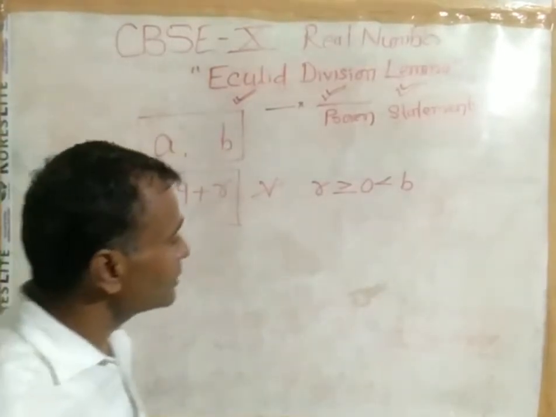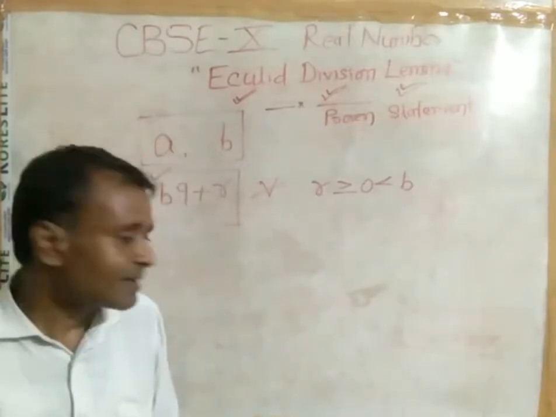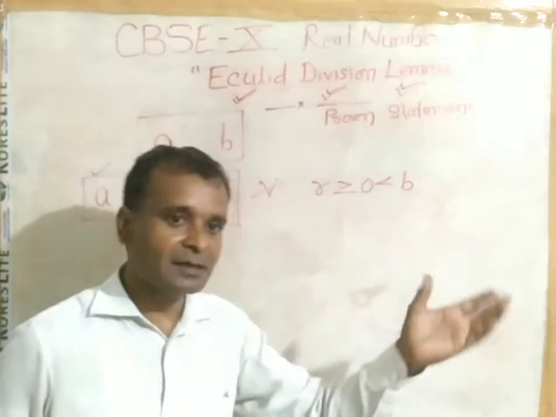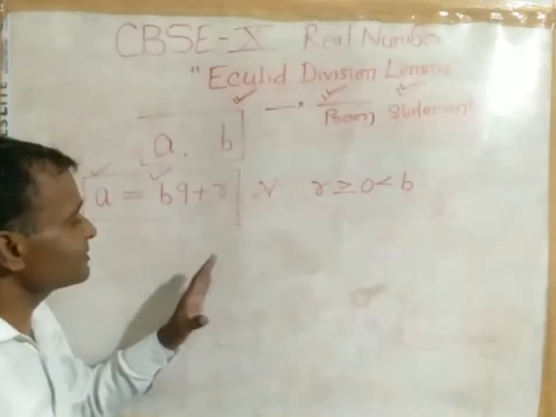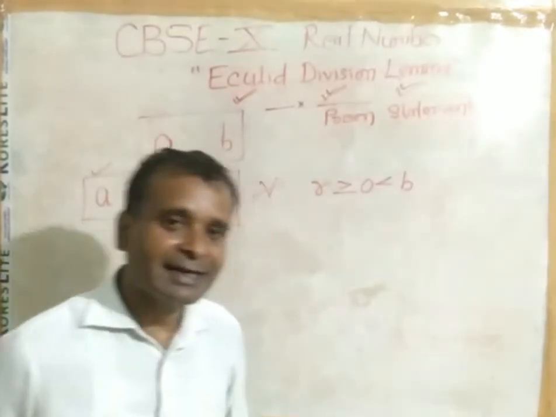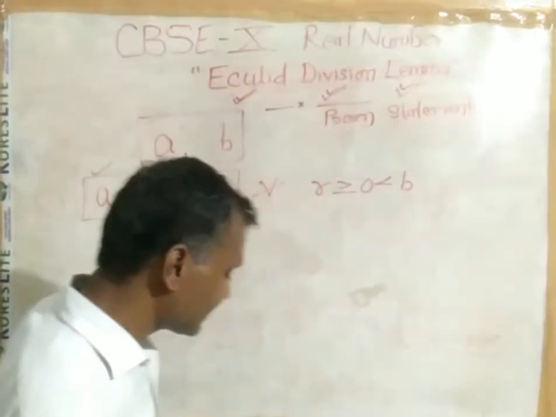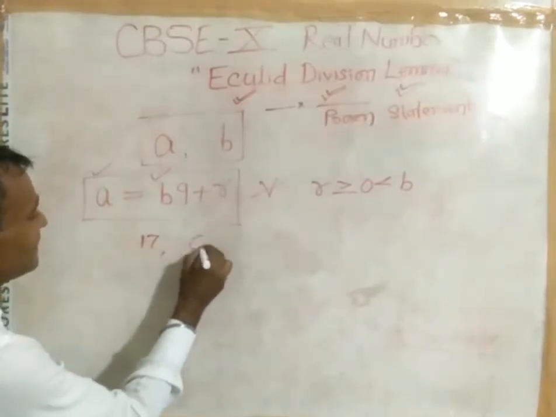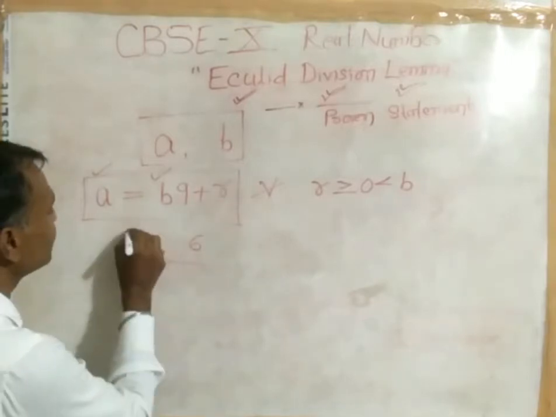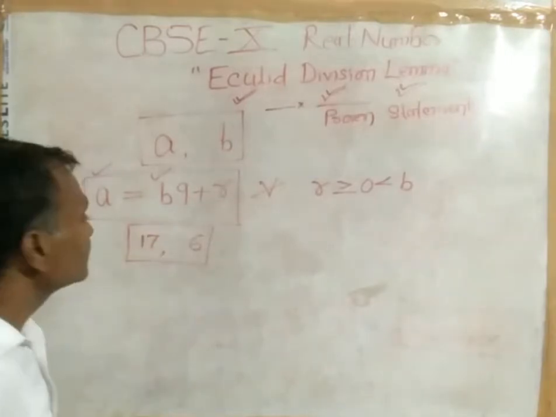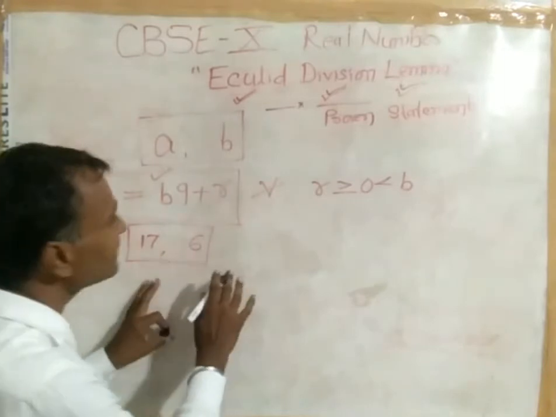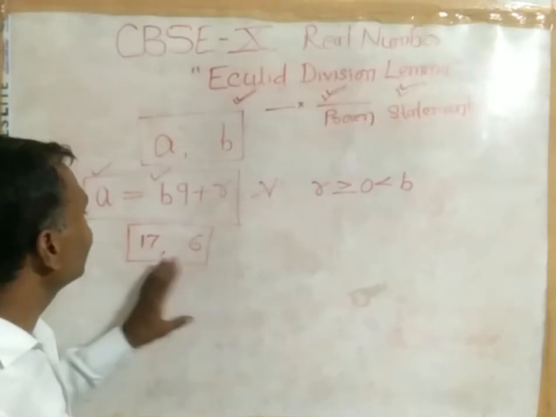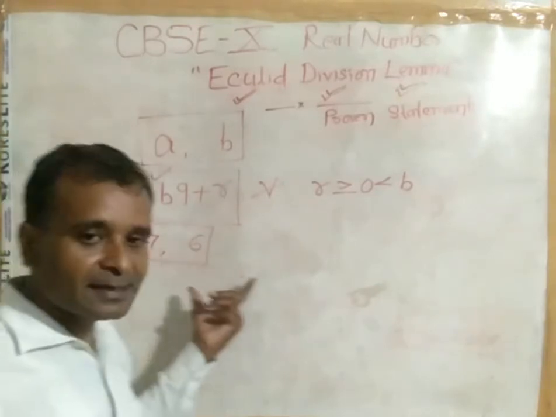Let us try to understand by some example. Does Euclid division lemma verify for other numbers or not? If we take any pair, 17 and 6, these are two positive integers. We see whether the Euclid division lemma verifies for this pair or not.